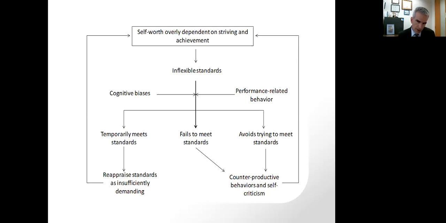This conceptualization posits that there can be one of three outcomes when a person with perfectionism does a task. One is that they may temporarily meet the standard. For example, they might do well on the test, but then they will reappraise the standard as insufficiently demanding. So if they do well on a test, they'll say, well, that professor is not a hard grader, or everyone did well on that test.